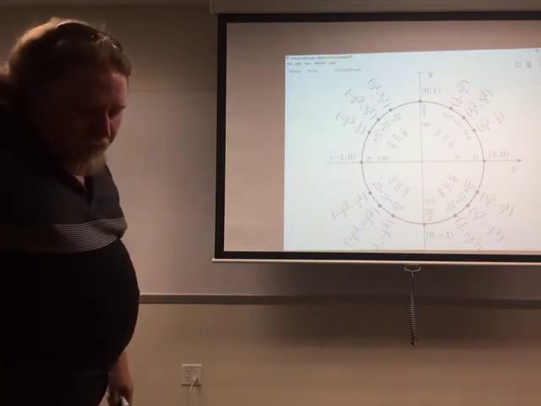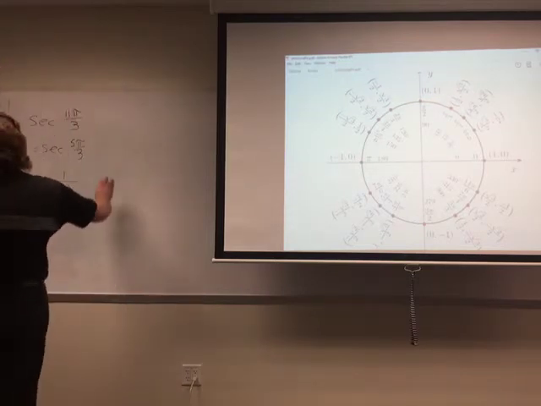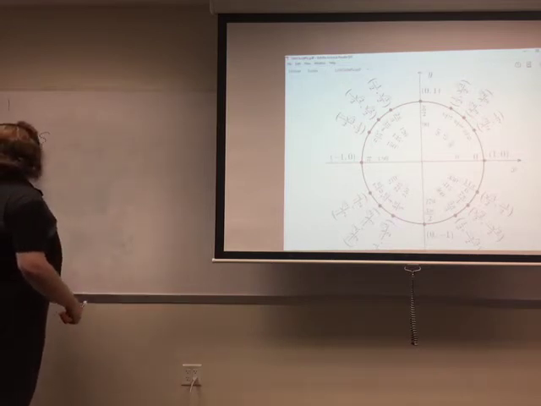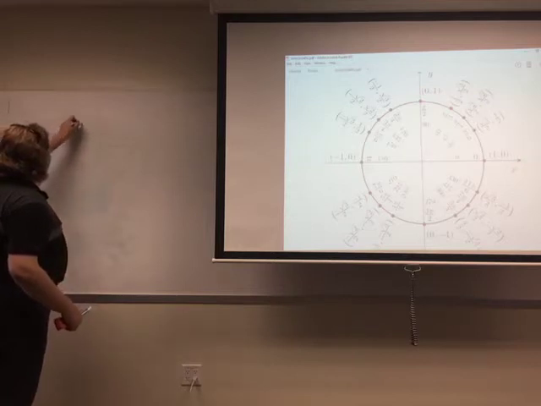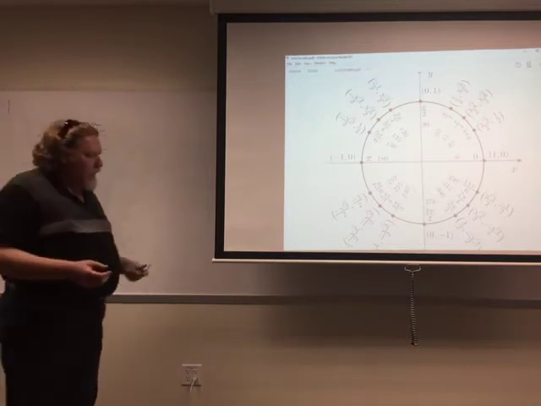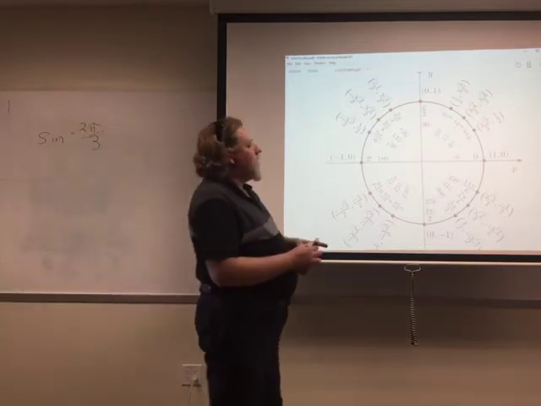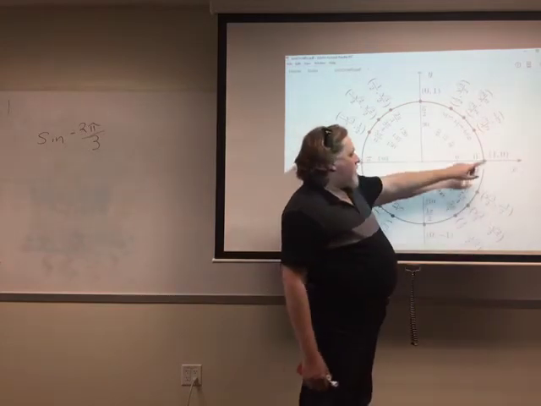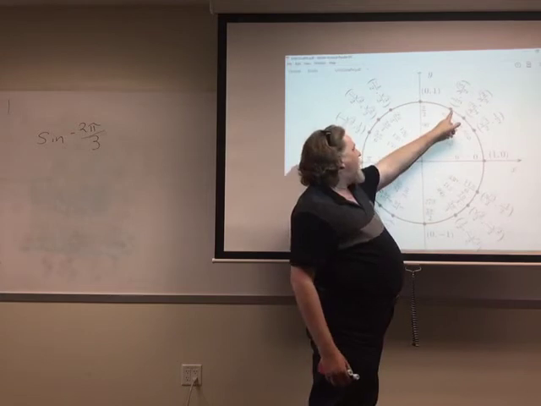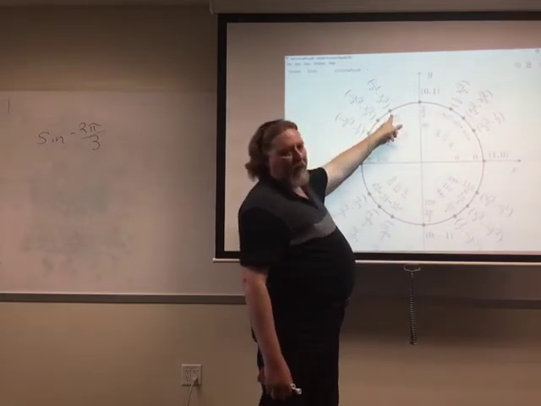Let's try a couple more of those. How about sine of -2 pi over 3? Well, let's look at where that is. Negative means go clockwise. So if I were to find normal pi over 3, I would start here, and I would go positive pi over 3, then one more makes 2 pi over 3.